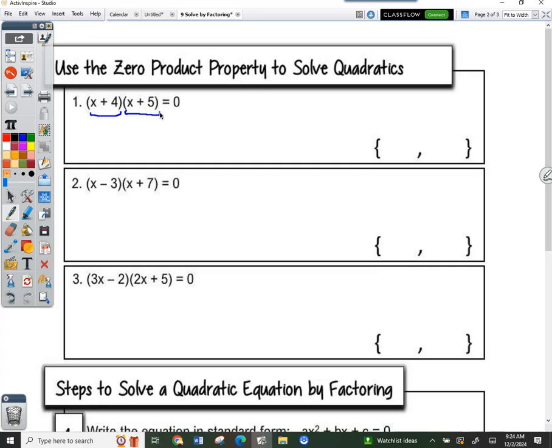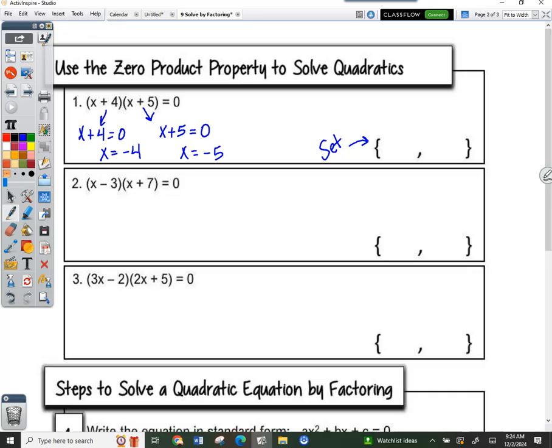So we pull them out and we set them equal to 0. We pull this and this and we say, well, x plus 4 must be 0 or x plus 5 must be 0. And then we solve them each. So here subtract 4 and here subtract 5. This is a set notation. Notice the squigglies. This is not parentheses.